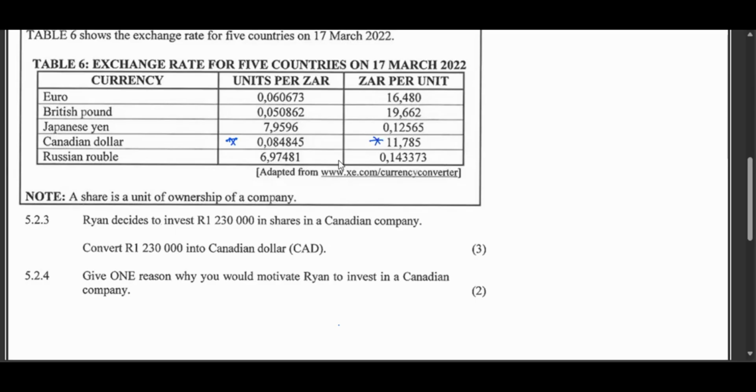This one simply means that if you have this much, you have 1 Canadian dollar. What about if you have 1,230,000? How much would you have? Because that's what they want us to say. We are changing it into Canadian dollars.